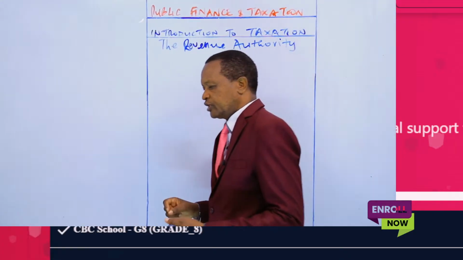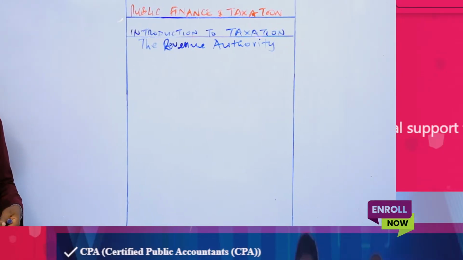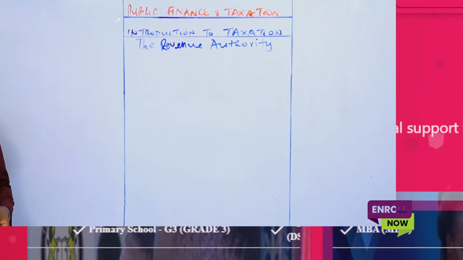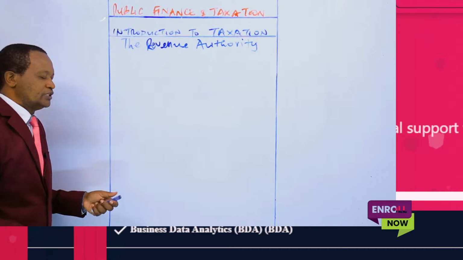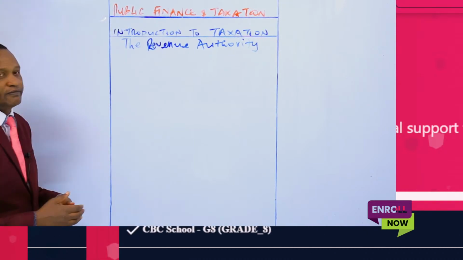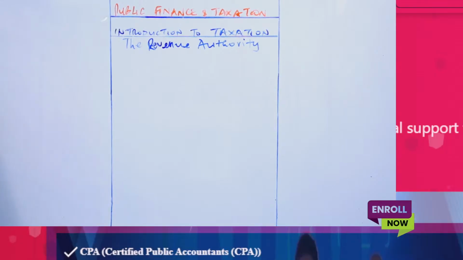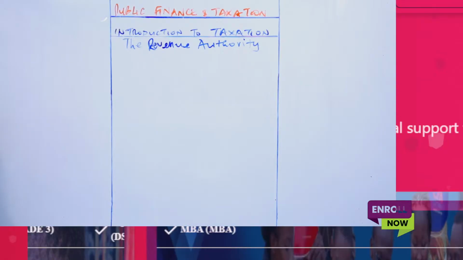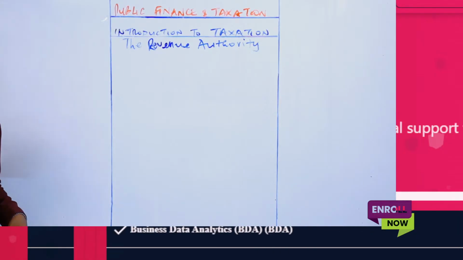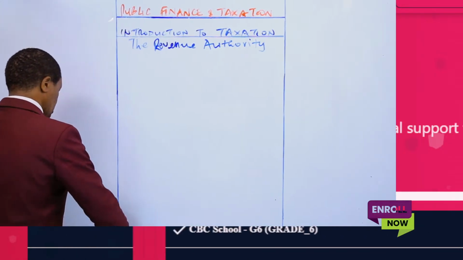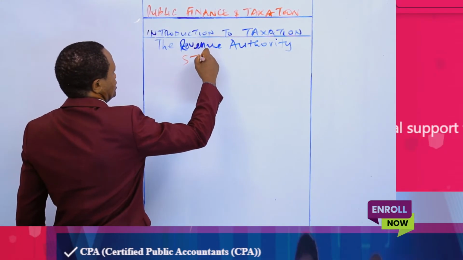And this authority is established by an Act of Parliament, Chapter 469 of the Laws of Kenya, effective from 1995. And the authority plays a crucial role in financing government's budget and facilitating economic growth.